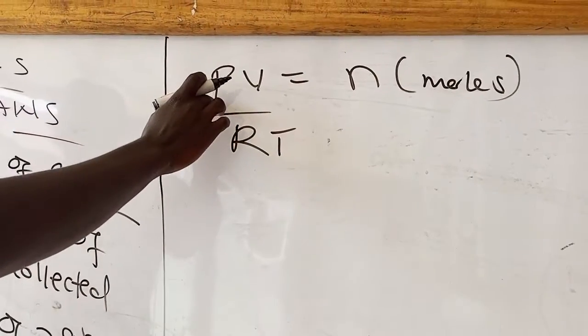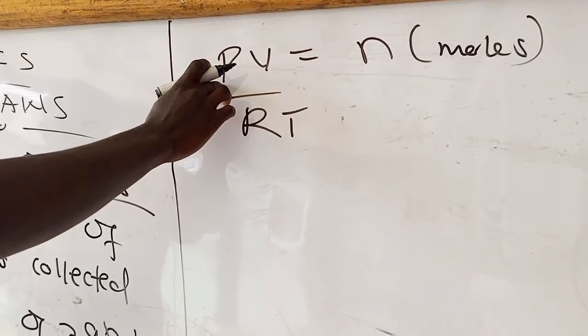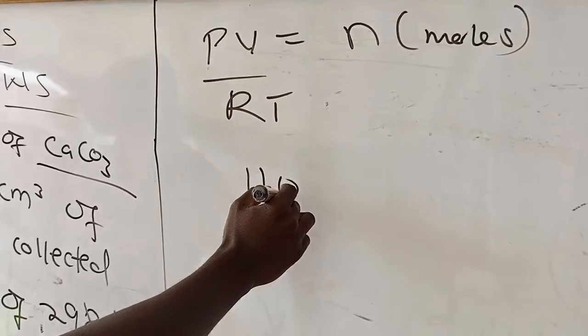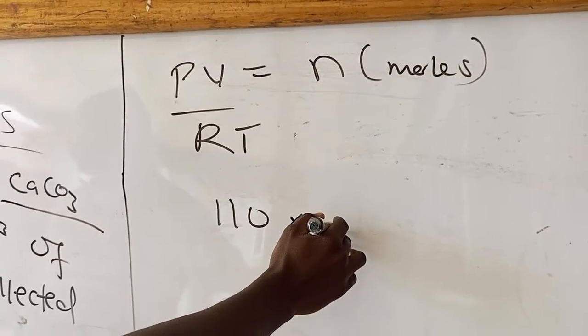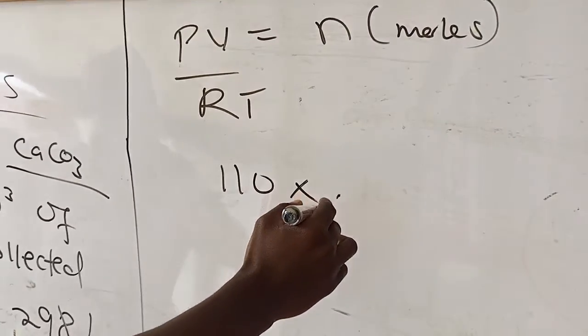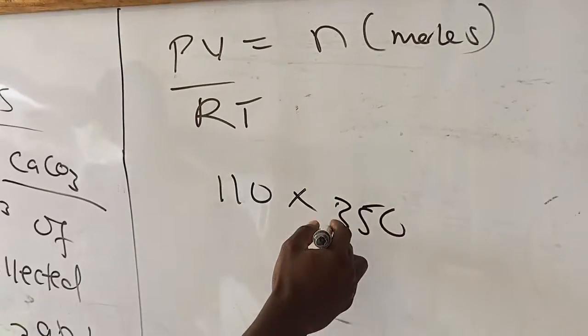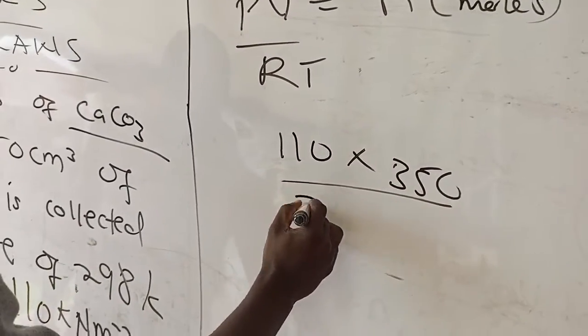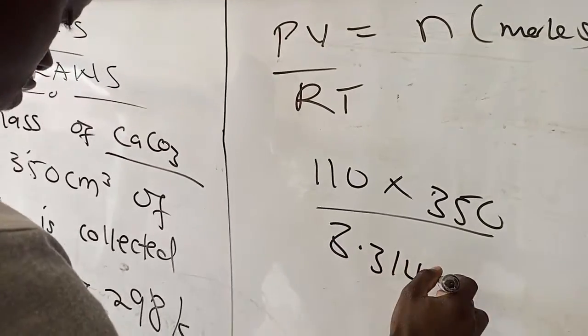So our pressure is given to be 110, times our volume, which is given to be 350. Then our constant of proportionality is given to be 8.314.